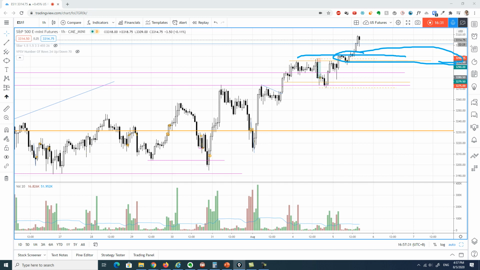In terms of the potential trade, I'm waiting for a test of this 3300 level, followed by a reversal up. Then that could become a potential long entry. Other than that, if it did not come down to the level, then we just need to rely on the smaller time frame structure and trade from there.